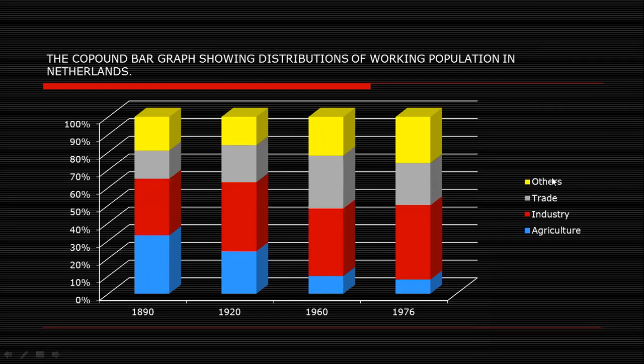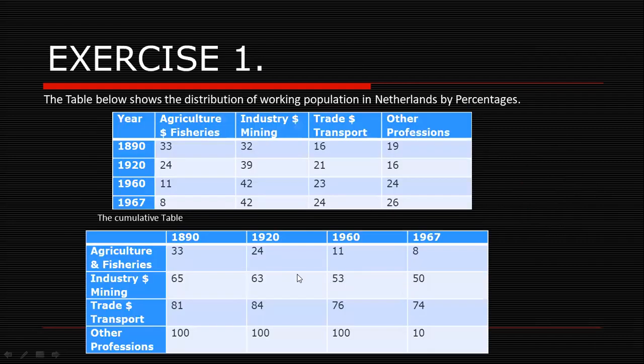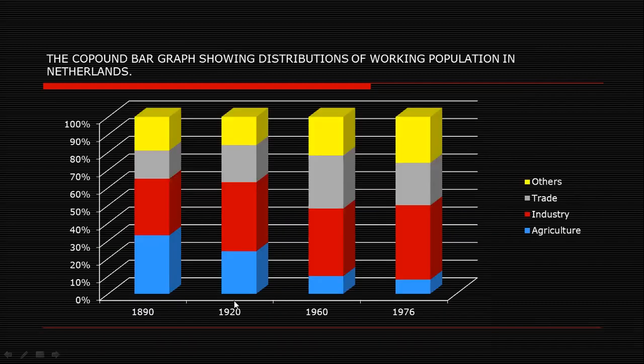If you look at this side, you will see that this one is a representation of agriculture. So it is a segment that we are having. And therefore, these figures we have given for the different years, because down here we are having years, this is 1890, 1920, 1960, and 1976.